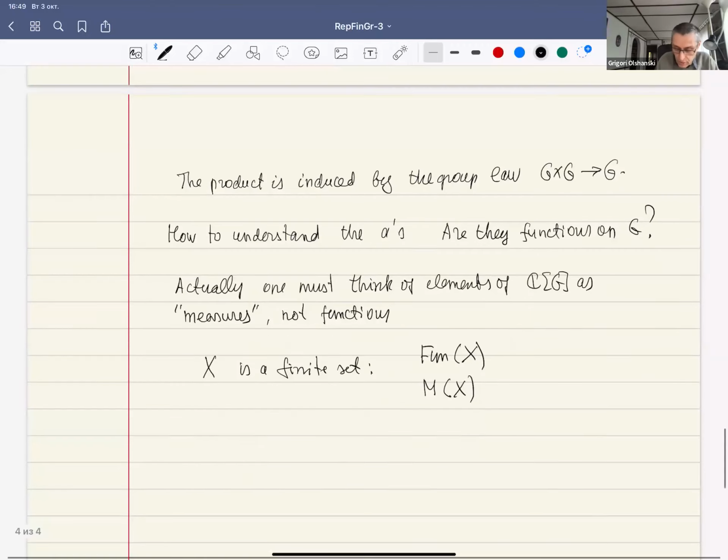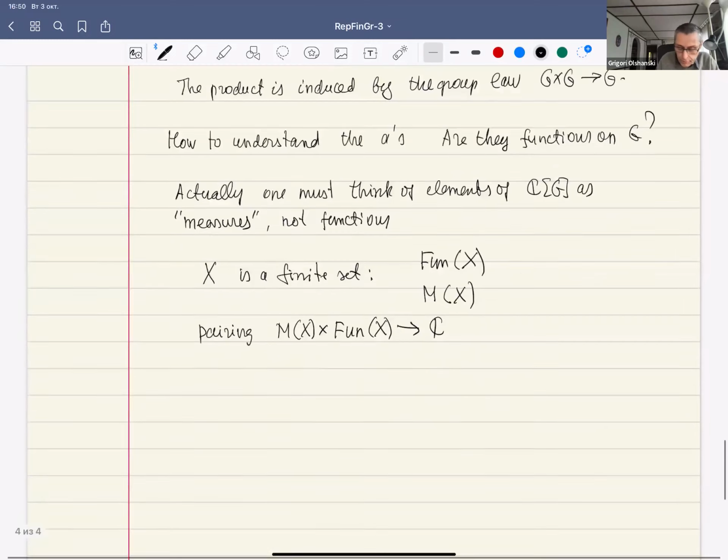There is a natural pairing between functions and measures.